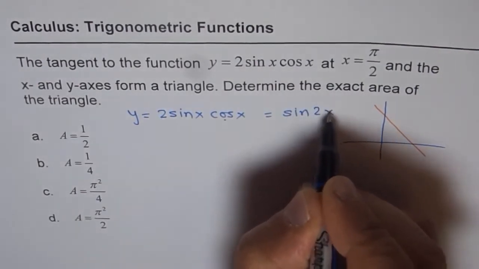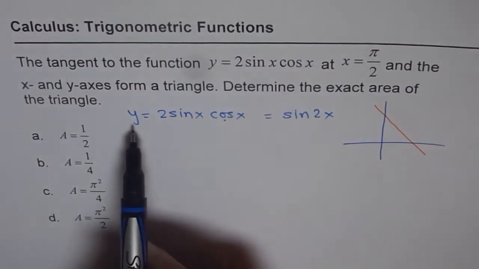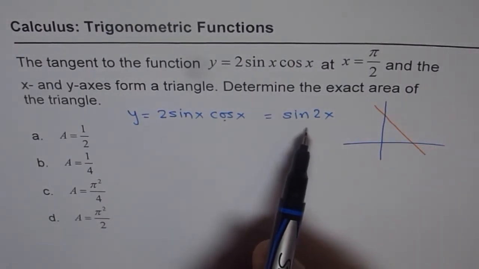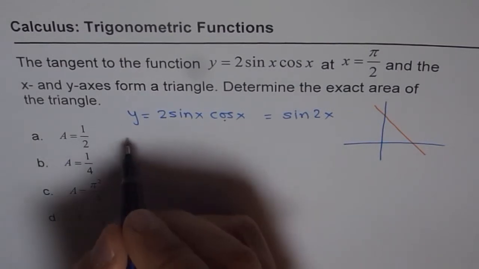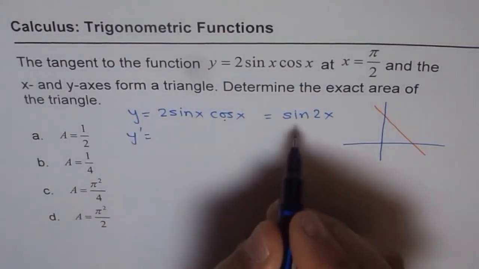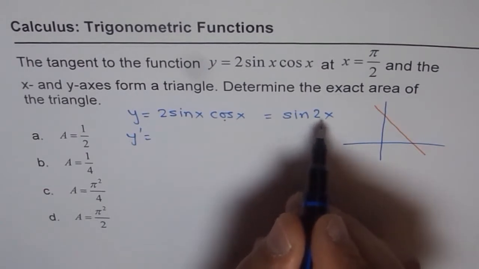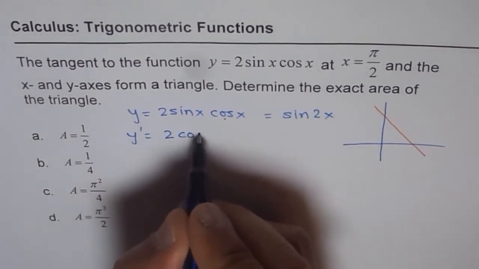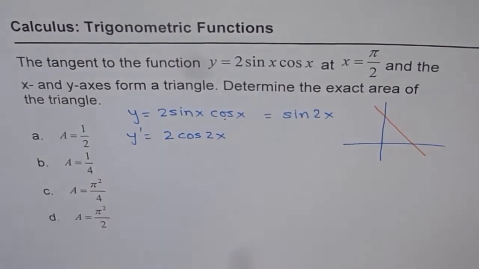It's better to write this, since otherwise if we find the derivative, we have to use the product rule. If you simplify it, then the derivative is much simpler, right? So y dash, the derivative, will be equal to the derivative of sine 2x, which is cos 2x times 2. So we can write this as 2 cos 2x. So that is the derivative of the function.